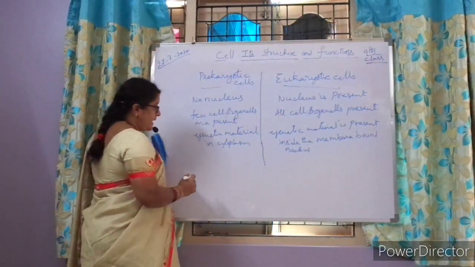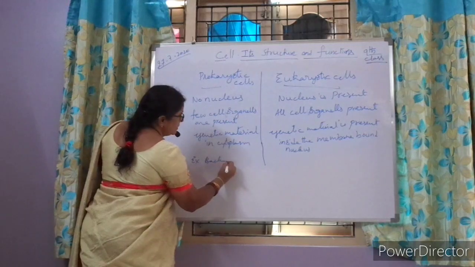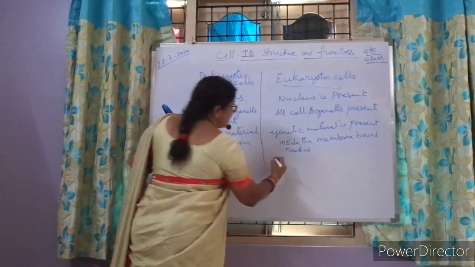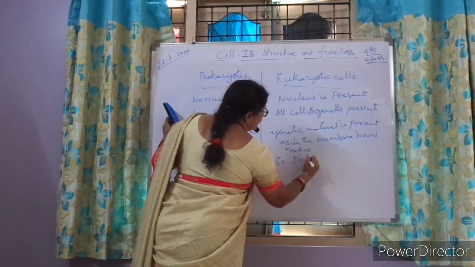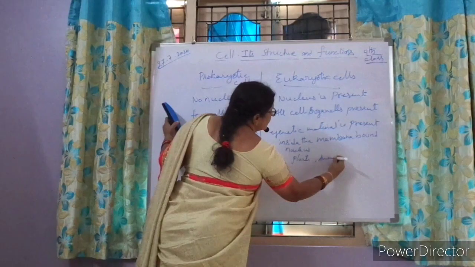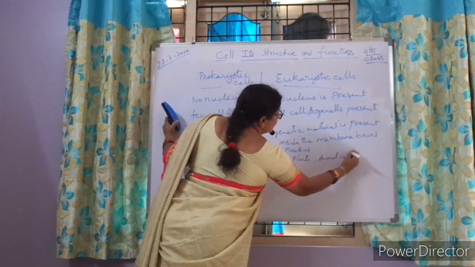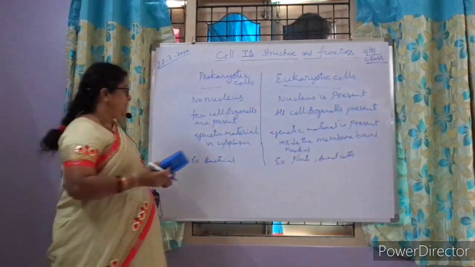Examples, can you write? You can write here bacteria, and you can write here plants, plant cells, animal cells. Today's class is this much.